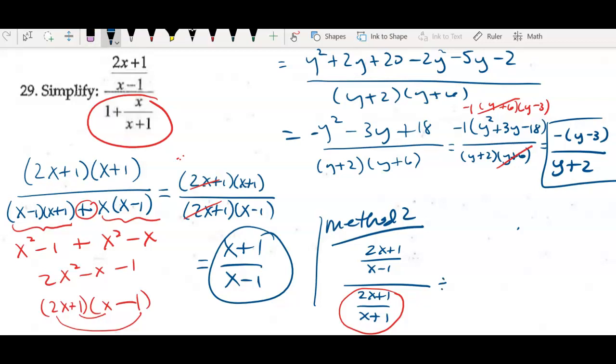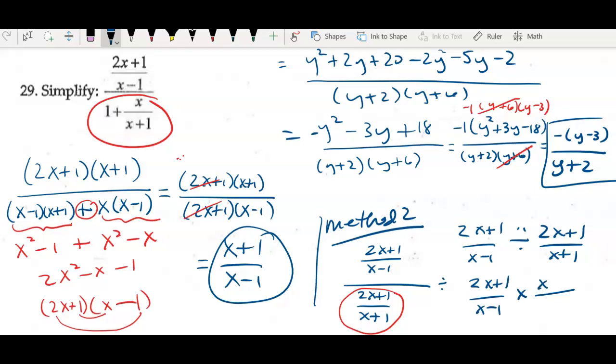This is a division symbol, that big fraction bar. So I have 2x plus 1 over x minus 1 divided by 2x plus 1, which is 2x plus 1 over x minus 1 times the reciprocal, cancel, and I get the same answer.